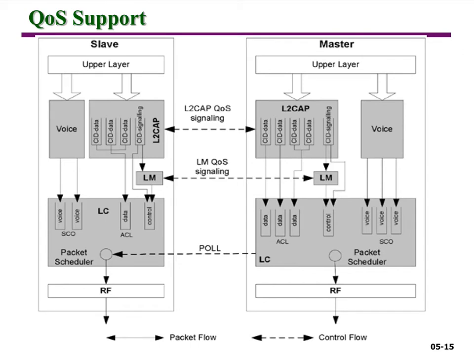Then there is the quality of service signaling at the link manager, and that's another level of quality of service through which the nodes may actually request certain resources from the master. Even the ACL links can request certain resources from the master node, and then the master node can grant this request or not.